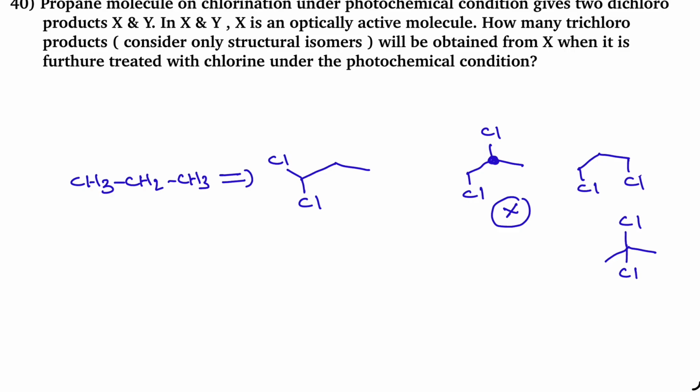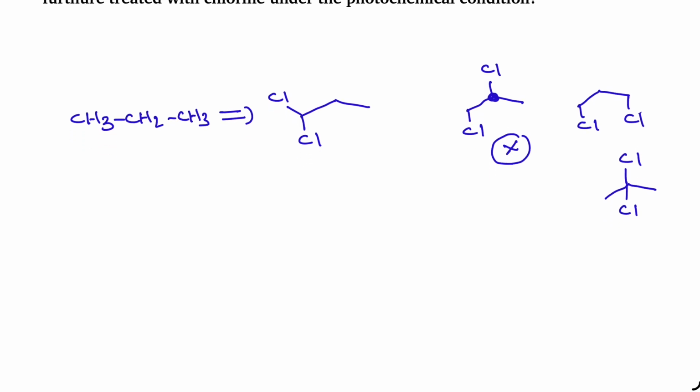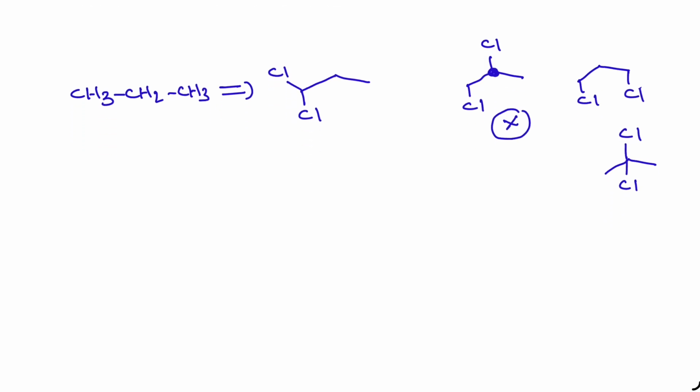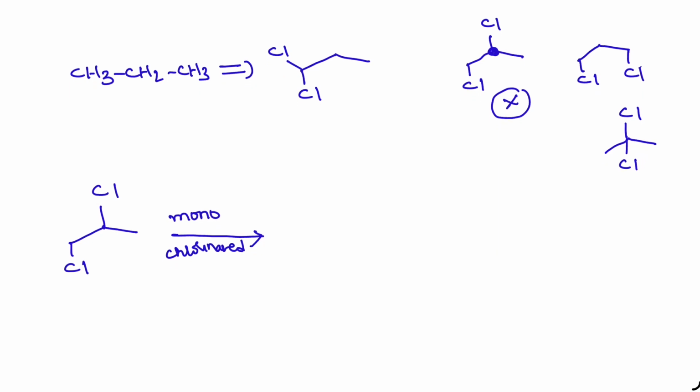How many trichloro products, consider only structural isomers, will be obtained from X when it is further treated with chlorine under photochemical conditions? So we are taking 1,2 dichloropropane. This is again monochlorinated. As a result, you are going to get a trichloro product. He is asking how many structures are possible.